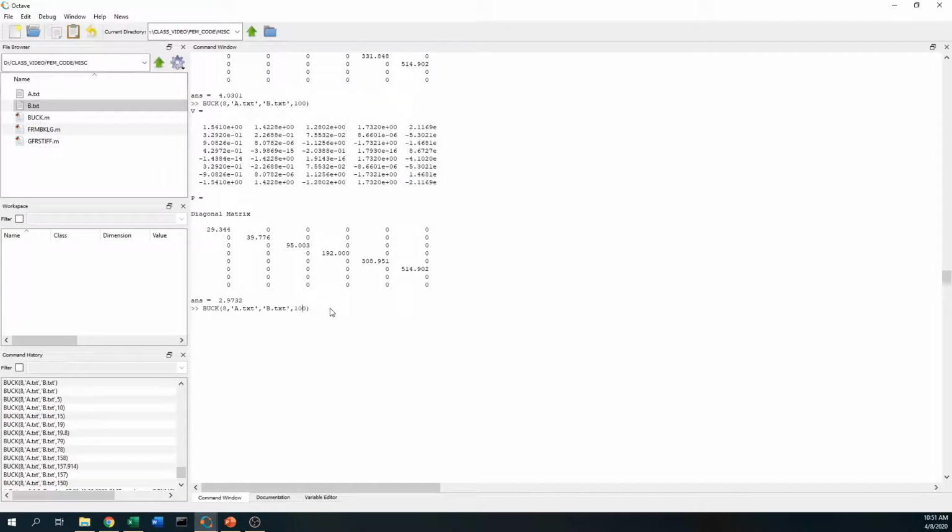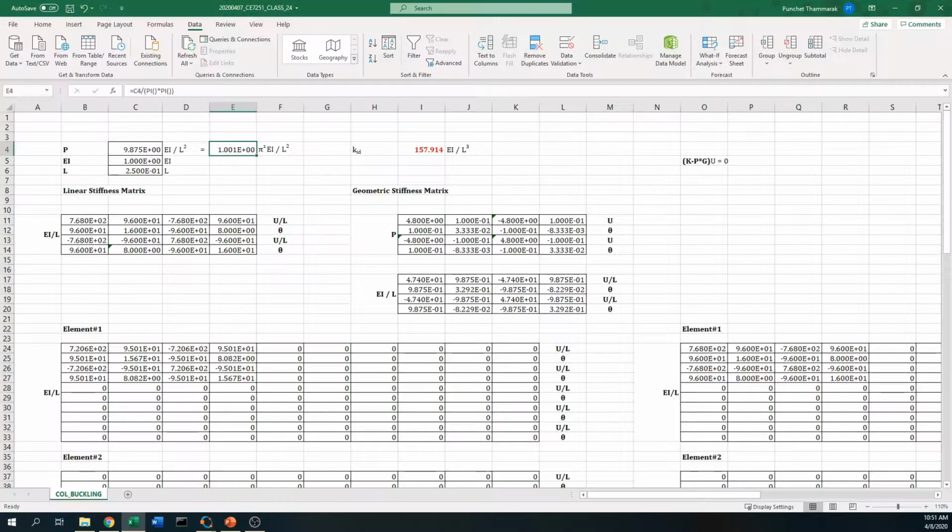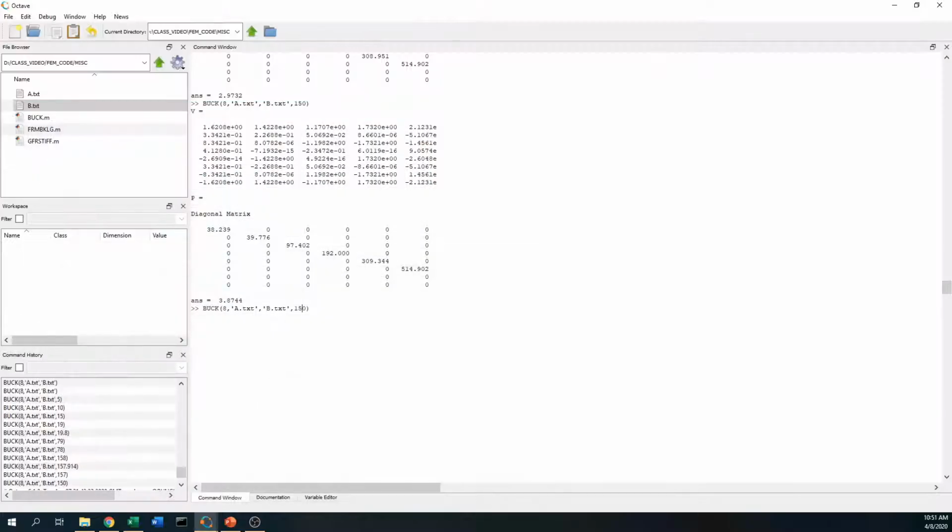Further, 150: 3.8 times, not 4 yet, right? Finally, what is the number? We need 157. Okay, I make it 157. 3.9944. We are close. 158. We get 4.